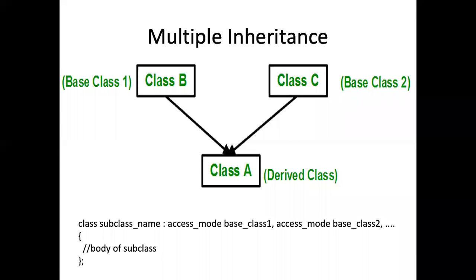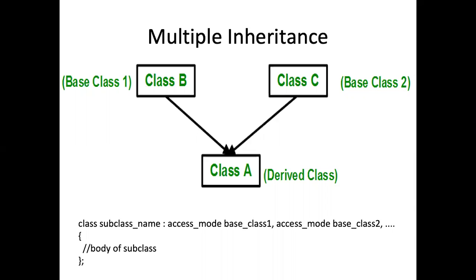Here you have a derived class A, a base class B, and another base class C. Both of these are base classes, base class 1 and base class 2, and the derived class is class A in this particular case.